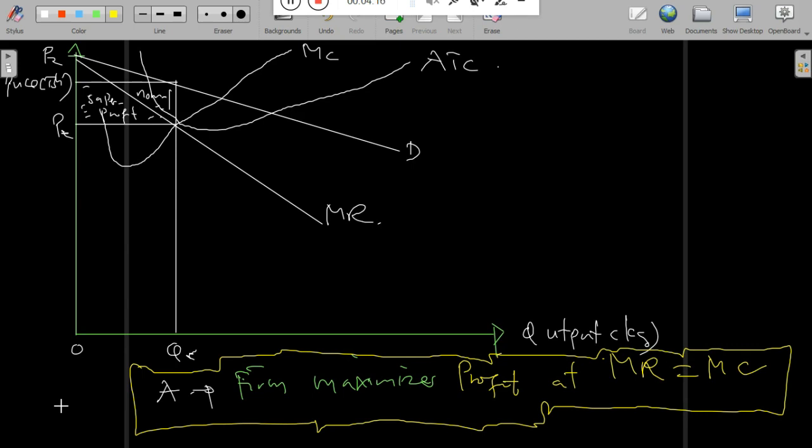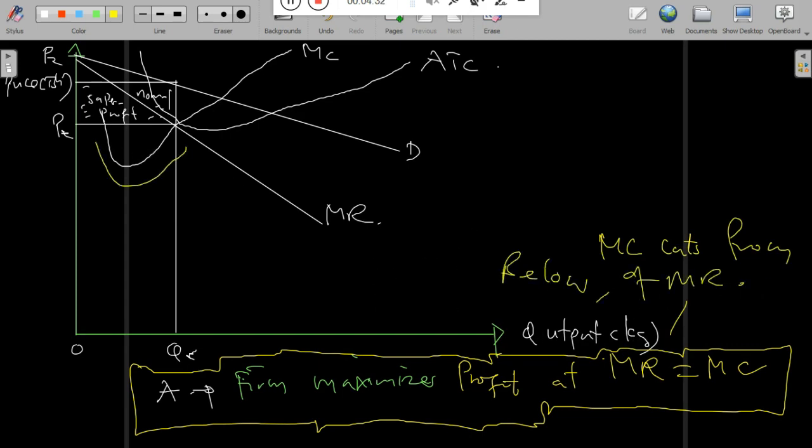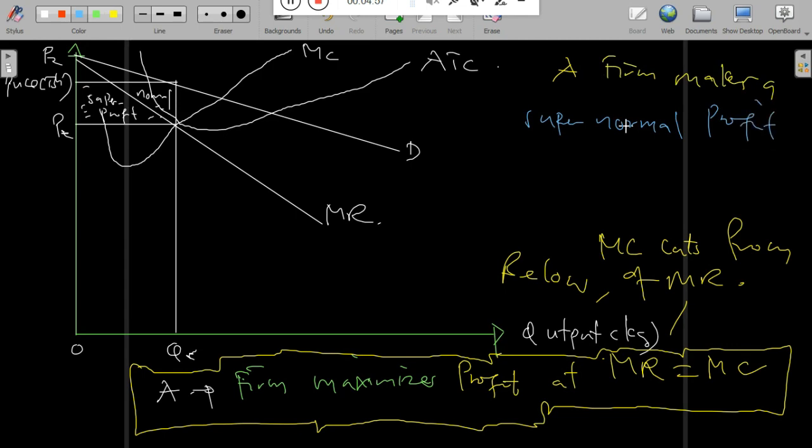So the marginal cost cuts the marginal revenue from below, indicating the supernormal profit of monopolistic competition. And the average total cost cuts between the line of the marginal cost and marginal revenue and the line of the demand curve. So a firm makes a supernormal profit because of the small entry of many firms in this particular market in the short run.